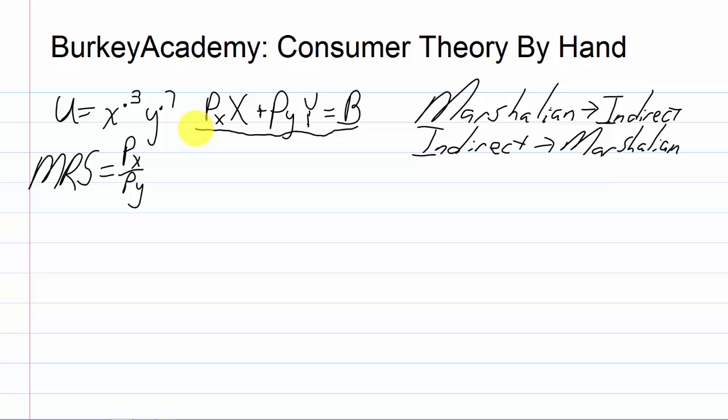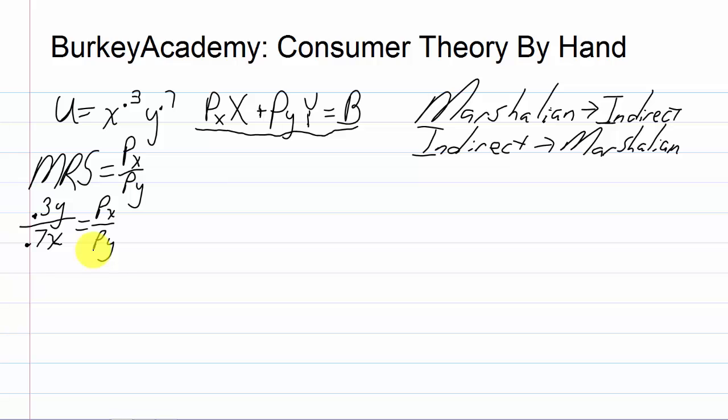And again, I have a video showing you how to get the marginal rate of substitution for a Cobb-Douglas utility function. Very simple process, but the shortcut rule is to take the exponent on the x times y, so 0.3y, divided by the exponent on the y times x in the denominator, 0.7x, and that is the marginal rate of substitution, which is just the ratio of the partial derivative of utility with respect to x over the partial derivative of utility with respect to y, and set that equal to the ratio of the price of x over the price of y.